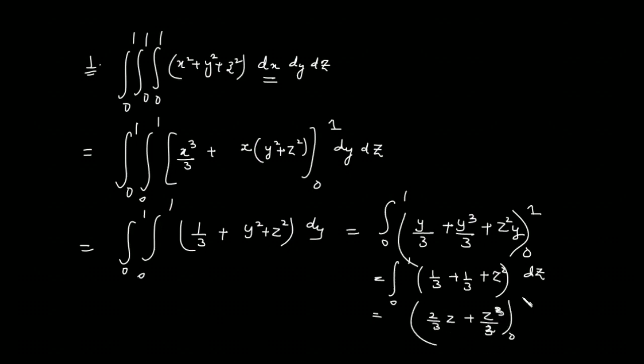Now you substitute the limits 0 to 1, you get 2 by 3 plus 1 by 3, which is 1. So this is the evaluation of the triple integral. You integrate with respect to the first variable, then with respect to the second one, then with respect to the third one, and substitute the limits. So this is the evaluation of the triple integral.